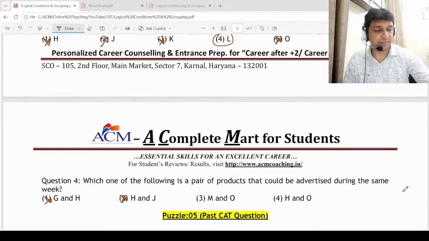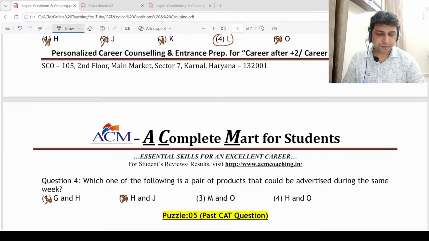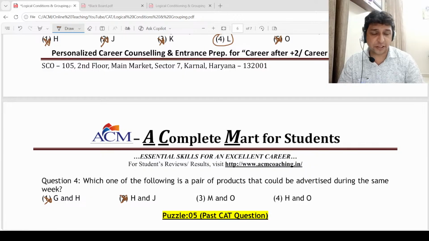So which one can be the answer? G and H we have eliminated. H and J also we have eliminated. Out of M and O and H and O, that's what we have to find out. The last question of this puzzle.